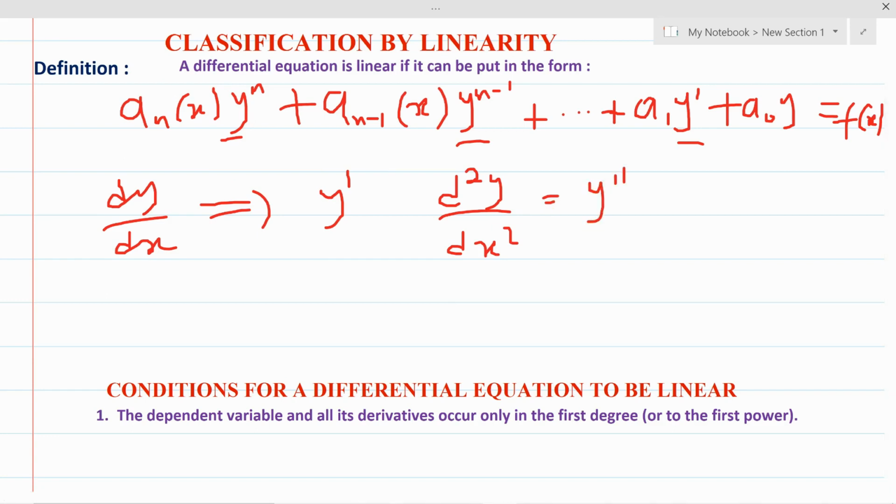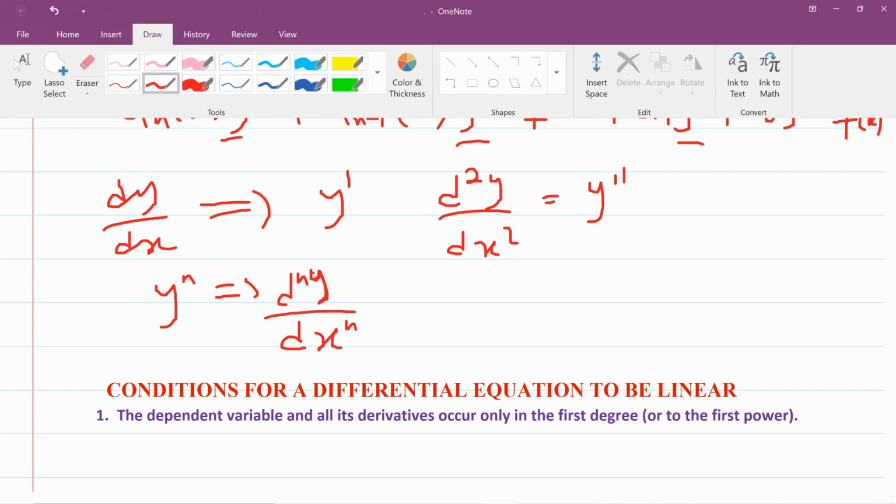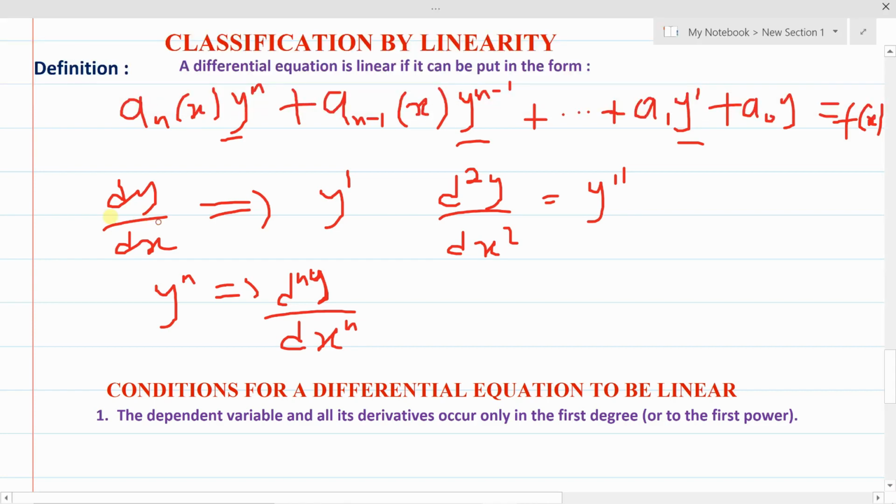So the y to the power n here implies the nth derivative of y with respect to x. That is it. Let's look at an example and everything will be okay.